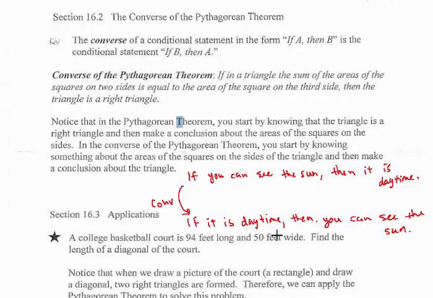Okay, it could be daytime and the sky's cloudy and you can't actually see the sun. So the converse isn't necessarily always true. But in the case of the Pythagorean Theorem, it is true. And we're going to use that to work some of the problems coming up on the next few pages.